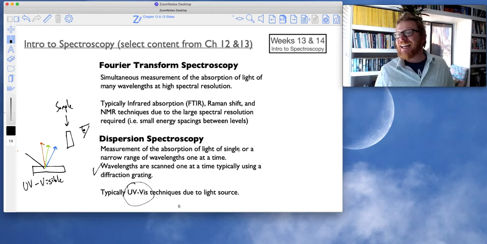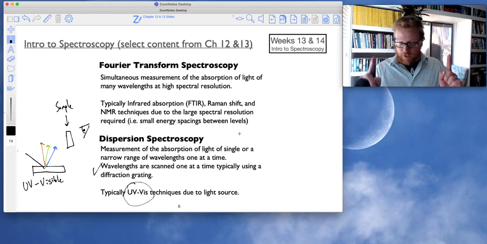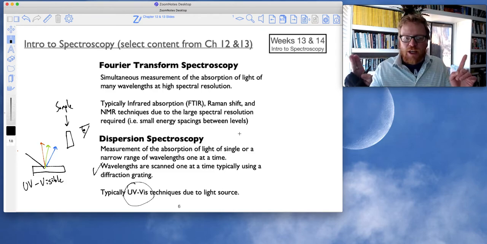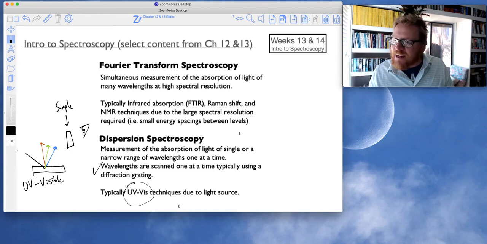However, that is not convenient at all because of the size of the wavelengths. Remember, IR wavelengths are much bigger. The grating would have to be huge. It would have to be so huge that you couldn't conveniently use the spectrometer on a bench top.